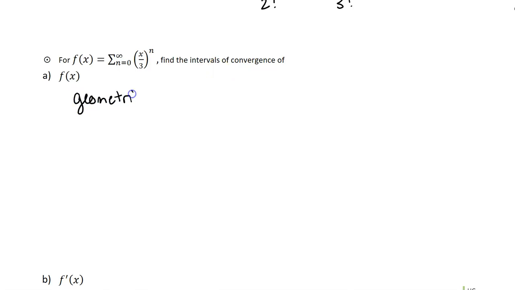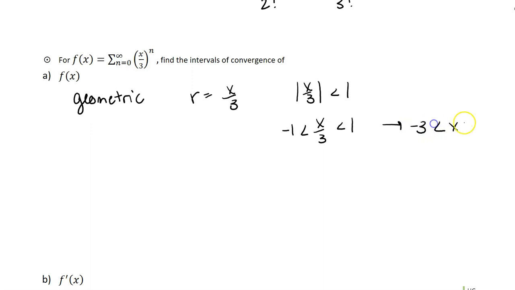You can either observe that and use it to your advantage, or you can use the ratio test. There's nothing wrong with either way on this one. r is going to be x over 3, so we want the absolute value of x over 3 to be less than 1. That tells me that x over 3 is going to be between -1 and +1, or x is going to be between -3 and +3. So the radius r equals 3, and we just need to check the endpoints.